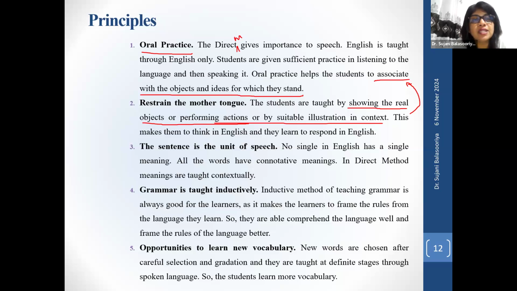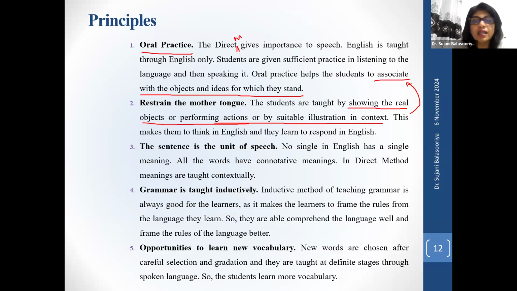When we talk about a sentence, it can contain some idea, some quantitative meaning, the kind of idea that is expressed by that sentence, rather than single words. So in the direct method, learners are taught how to communicate meanings based on the context, in association with the context.